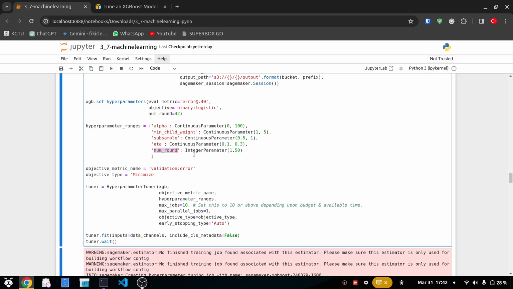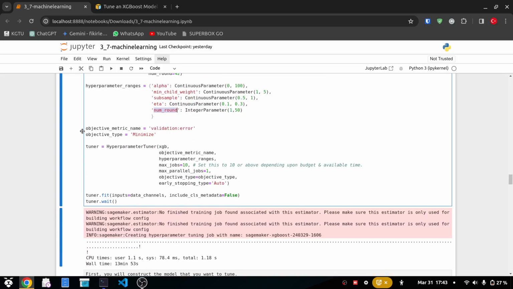We have the number of rounds defined from 1 up to 50, and it's an integer parameter. Actually, there is a number of rounds parameter definition in here and also in here, so I think that means we are also tuning the number of rounds. So we have the objective metric name, validation error, and the objective is minimizing the error.